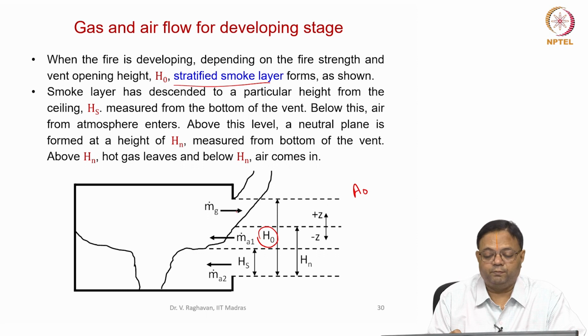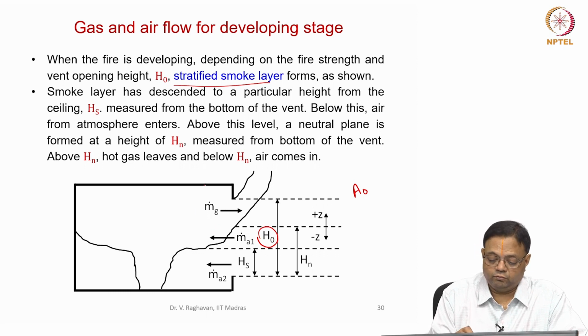In the developing stage, the smoke tries to descend to a particular height, which is measured as HS from the bottom of the opening. HS denotes the height to which the smoke has descended down, and this is measured from the bottom of the vent. So here vent height is H naught, bottom of the vent is here.